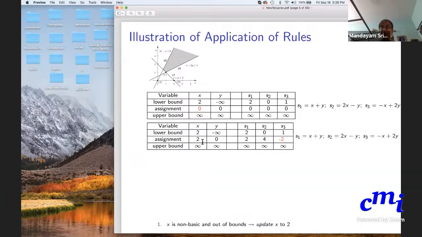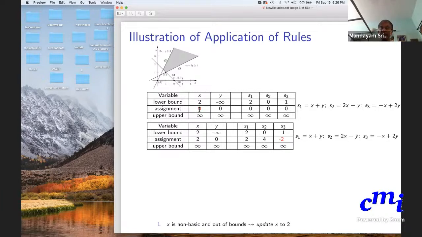As soon as you do the update, all the basic variables will have to be updated as well, because as per the equations, that happens automatically as soon as an update operation happens, and that will get S3 out of bounds.